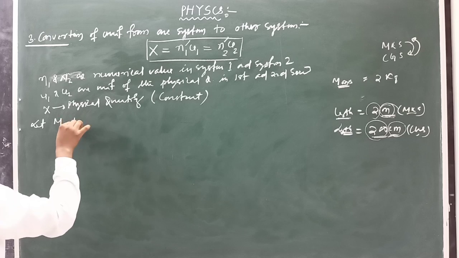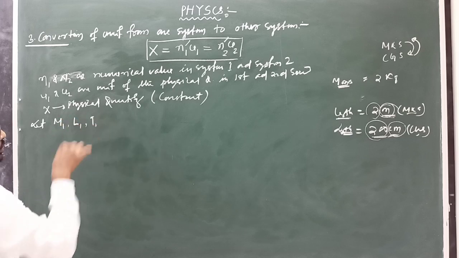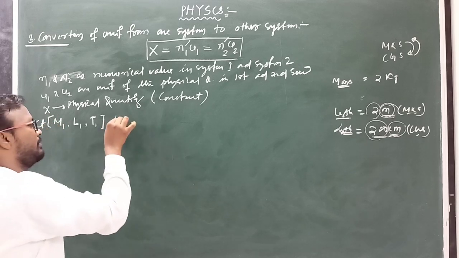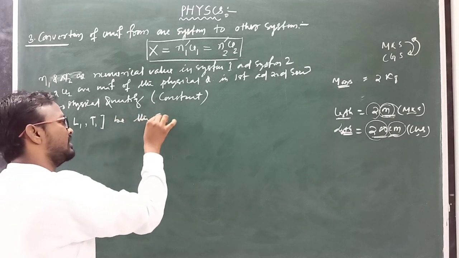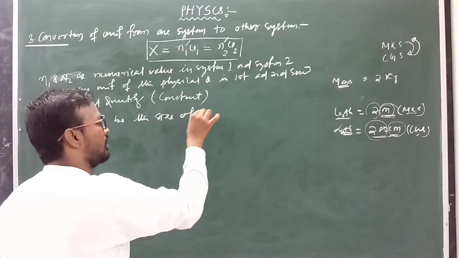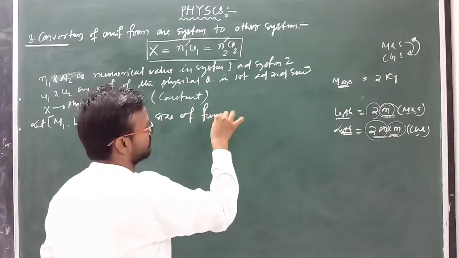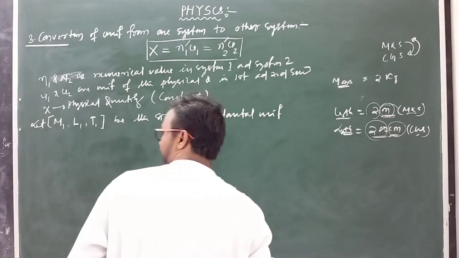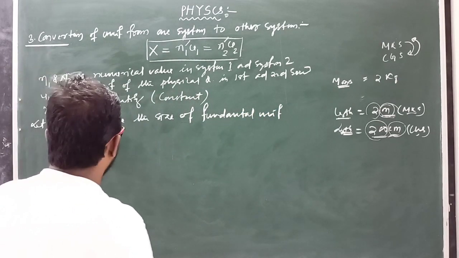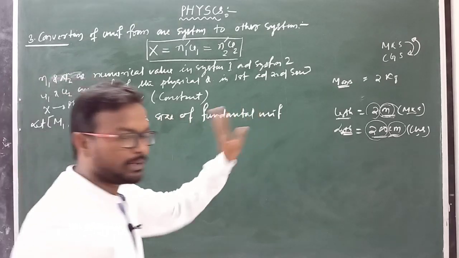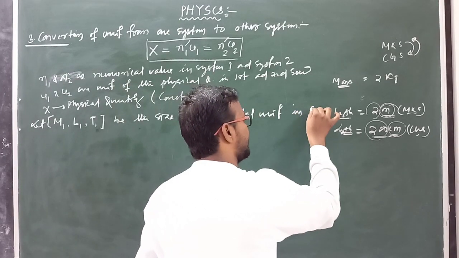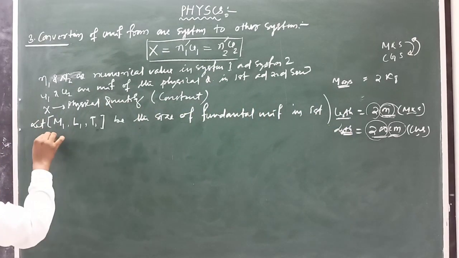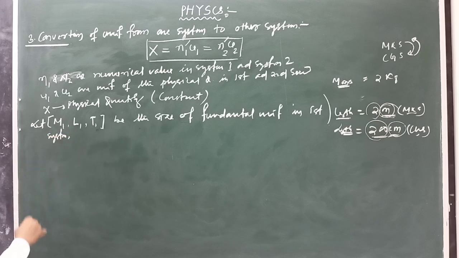Now we can write M1, L1 and T1. M1, L1, T1 be the size of the fundamental units in the first system.